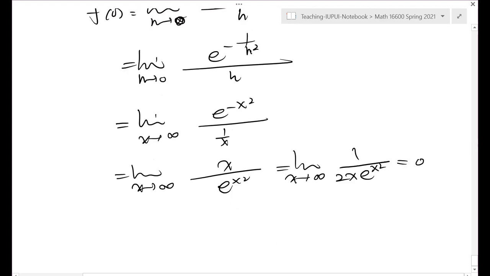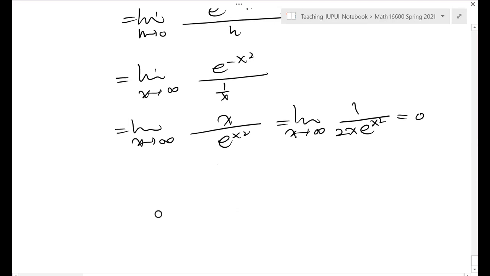Then you keep it going, and you find the second derivative, the third derivative. I don't have the time, but it's hard, so I'll just tell you the fact. The nth derivative of this function at 0 is always equal to 0 for any n.